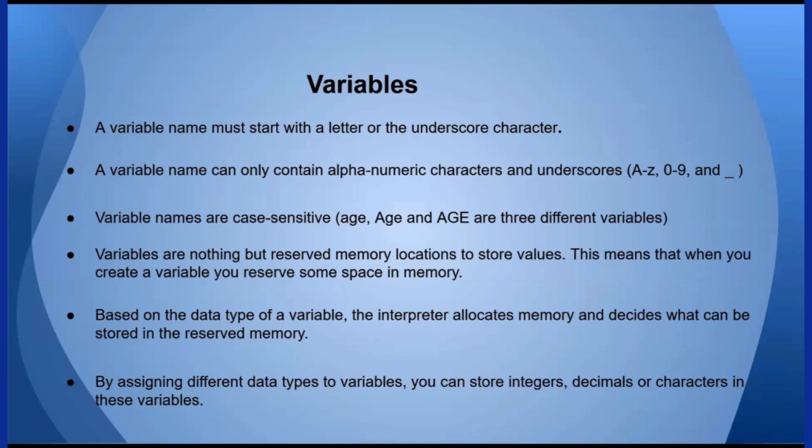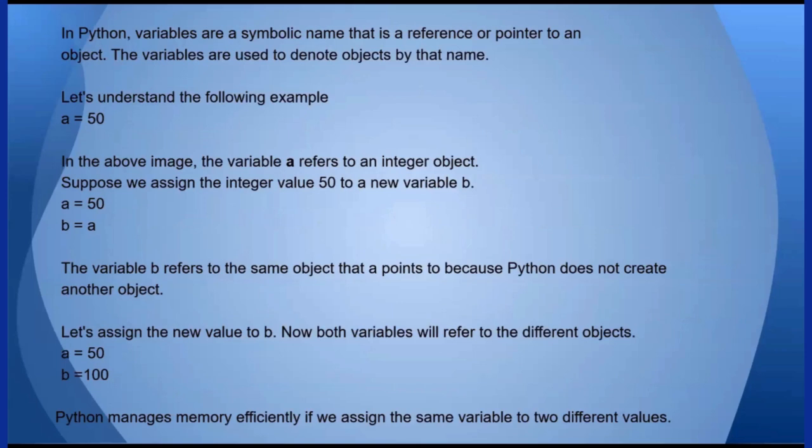So a variable, as I said, will reserve a memory location to store a value. Based on the data type of the variable, the interpreter allocates the memory and decides what can be stored in the reserved memory. Correct? Now, how can we assign a value to a variable? You just write the variable name, the equal sign, which is the assignment operator, and the value.